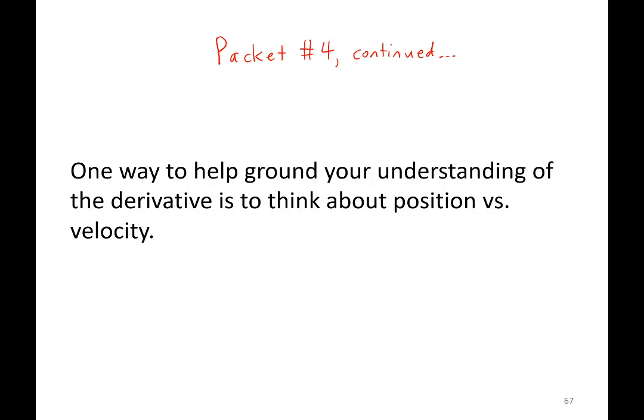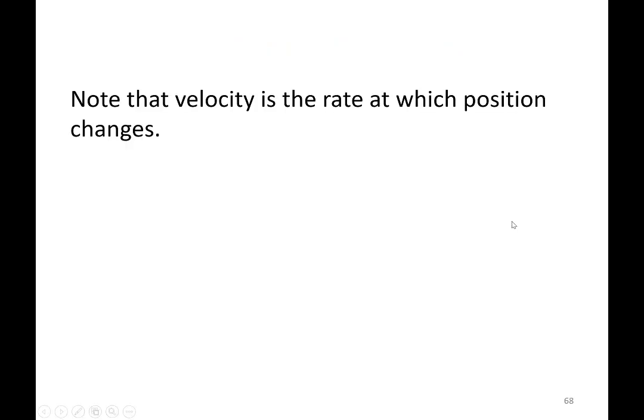So one way to help ground your understanding of the derivative is to think about position versus velocity. Note that velocity is the rate at which position changes, and here we're going to use v of t to represent velocity and s of t to represent position. The position will just be a number.